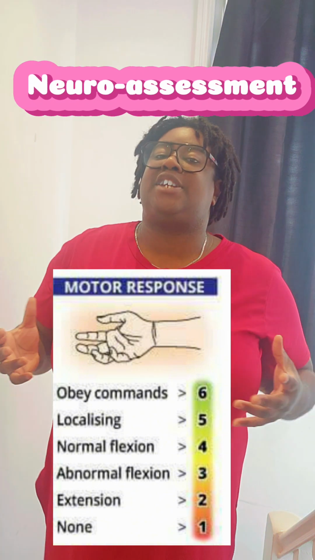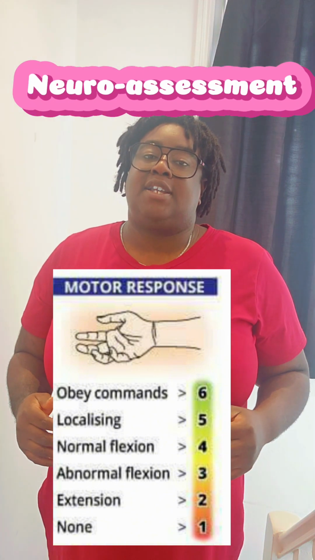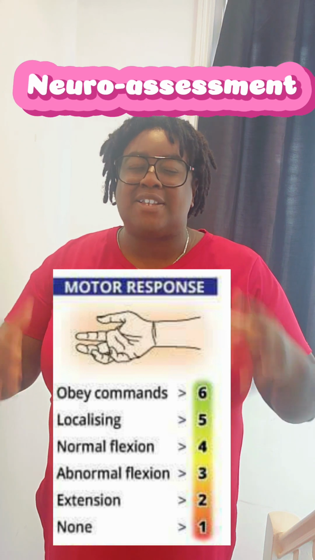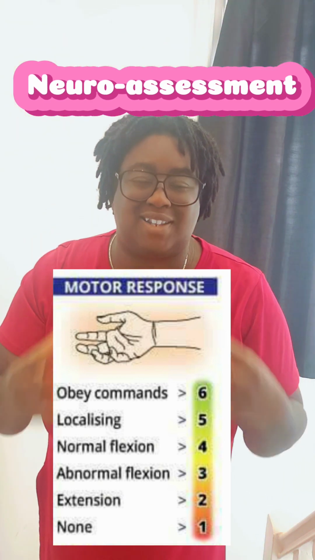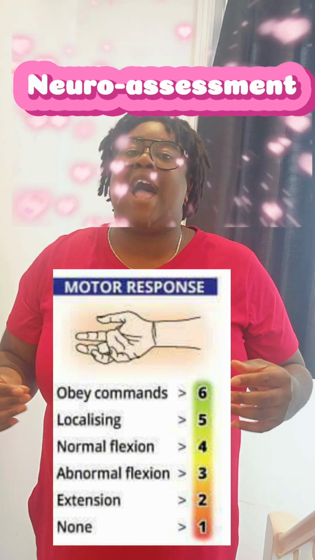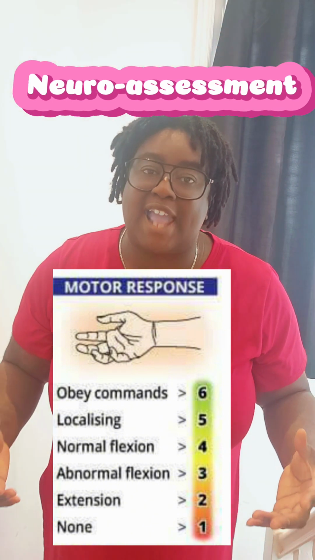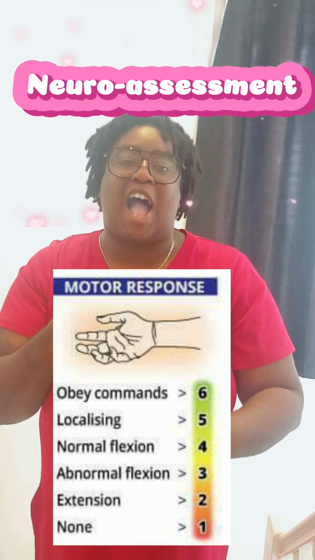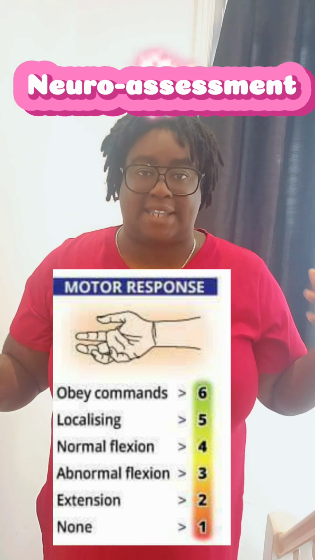When you ask the patient to lift up their hand, the patient will not, because they are trying to, but there is no response. You can see from their facial expression that they are trying to raise their hand, but because maybe they have a severe weakness, they are unable to lift up their hands.